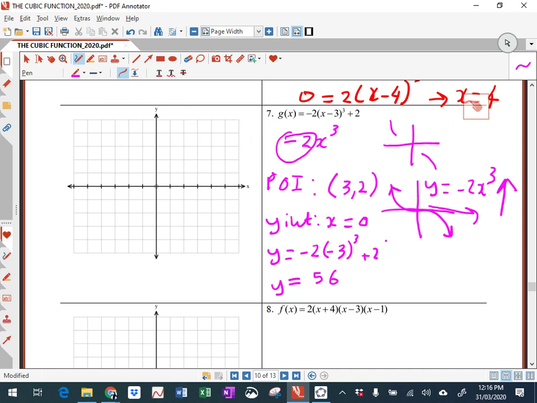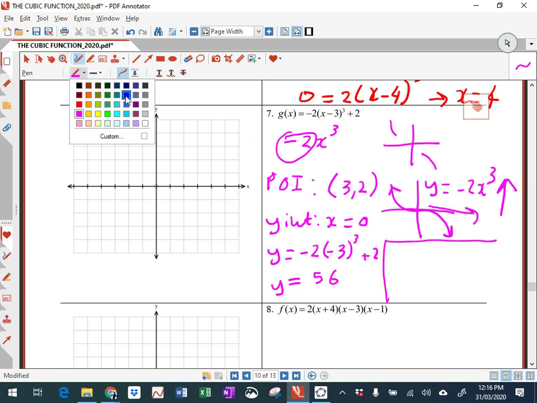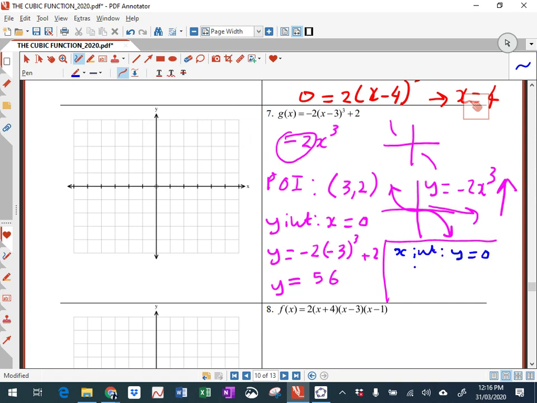And could I find my x-intercepts? Yes, you could. So just over here, see if I've got room to do this. Change colours to make it clearer. All right, now for the x-intercepts, put y equals 0. I think I'm going to run out of room here. So that's going to be 0 equals negative 2 outside of x minus 3 squared plus 2.